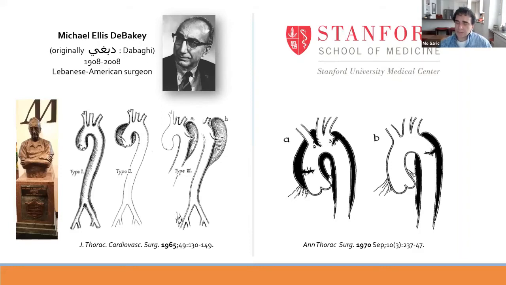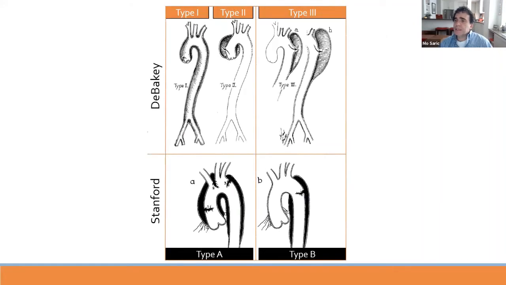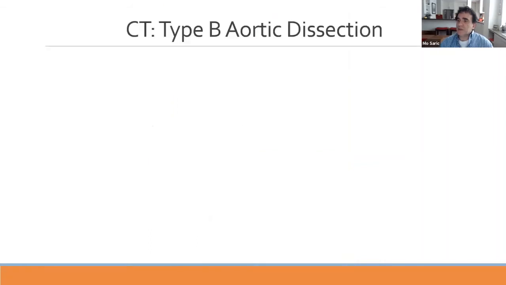The Stanford classification is now more commonly used. This is from our chapter in the ASE textbook, comparing type A and type B dissection of the Stanford classification to the corresponding Bakey classification. Type A in the Stanford classification corresponds to type 1 and type 2 of the Bakey classification, while type B corresponds to type 3.